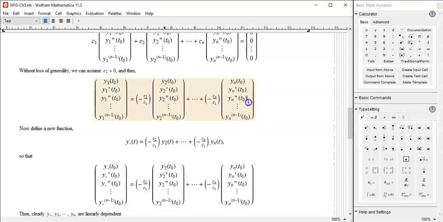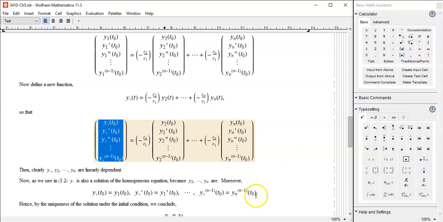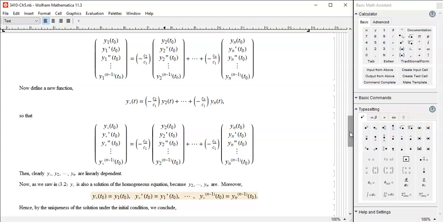What do you see? The right hand sides are the same, right? Therefore, the left hand sides will have to be the same as well. So y1 of t0 is equal to y star of t0. y1 prime of t0 is equal to y star prime of t0, and so on. This left hand side is equal to this left hand side because the right hand sides are the same.